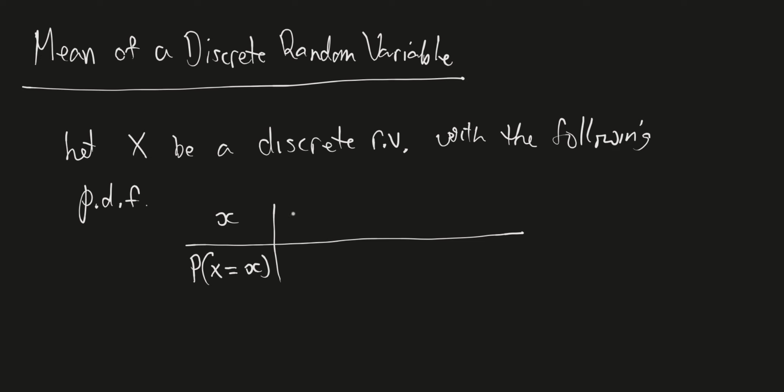So let's say x1 is the first possible value of x, and it has a probability of p1, and then x2 is the next possible value of x, and we know there has to be a gap between them because of the discrete nature of the random variable, with the probability p2, and then x3 with probability p3, and so on, meaning maybe the list comes to an end, or maybe it's actually infinite, right?